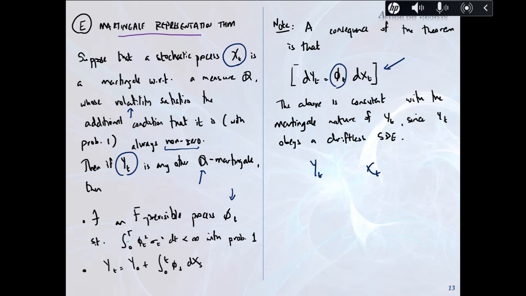Okay, so we have here X_t being a martingale under the probability measure Q, a stochastic process. Y also is a Q martingale process, so both are martingales under the same probability measure. So we can write this in terms of each other using that previsible process.